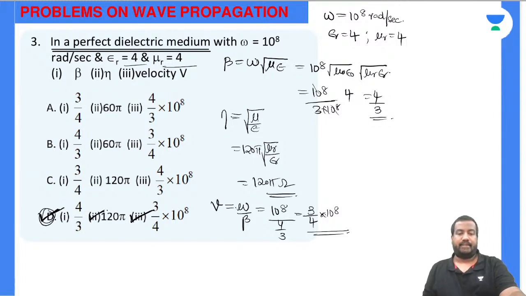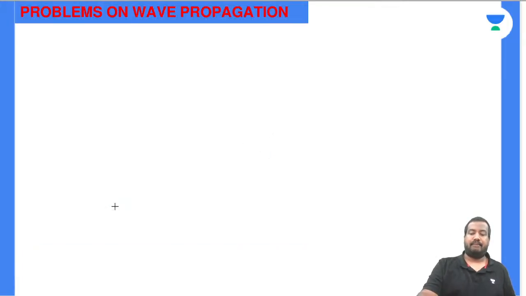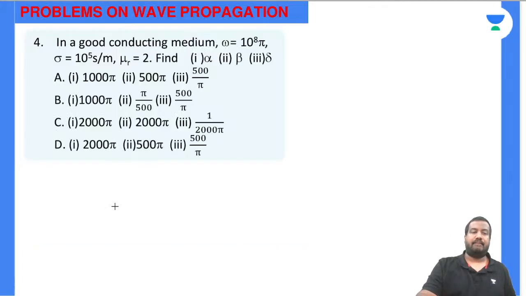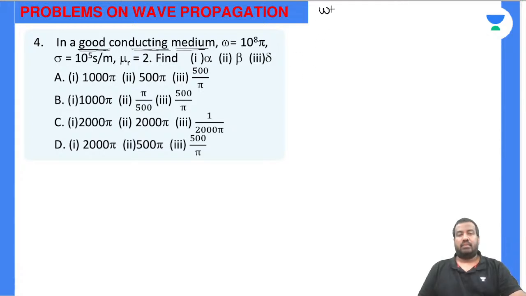Next. In a good conducting medium, omega is 10 power 8 into pi radian per second.